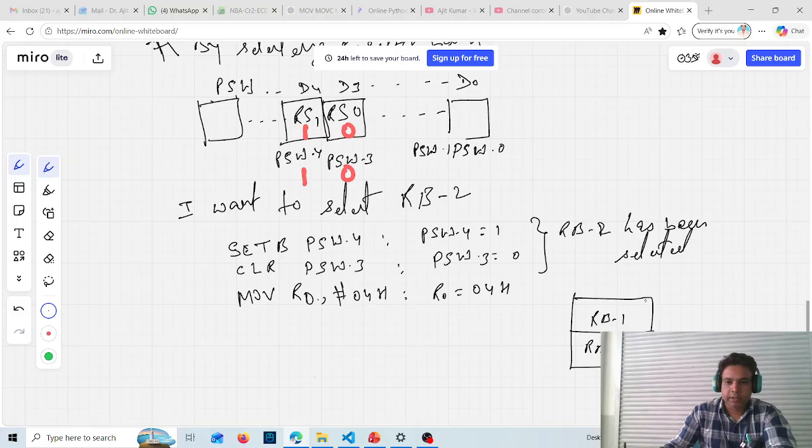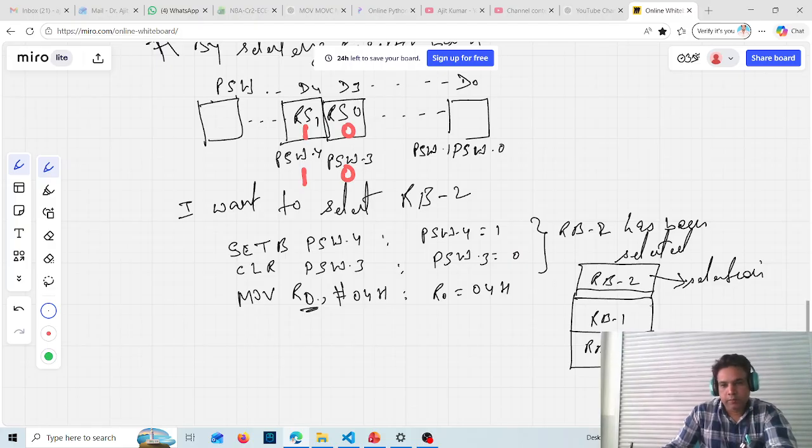Since we have selected register bank 2, R0 will be pointing to the first address of register bank 2.